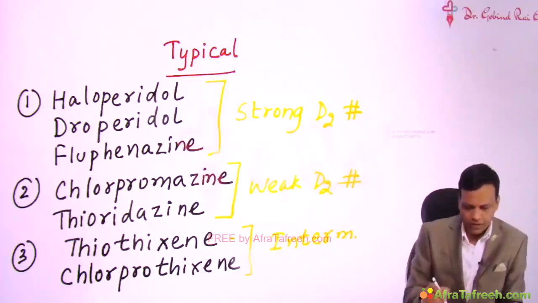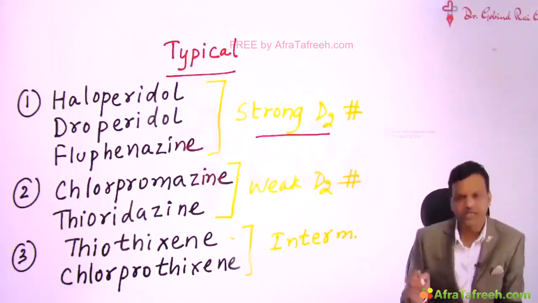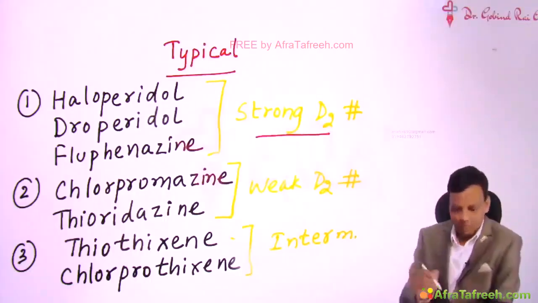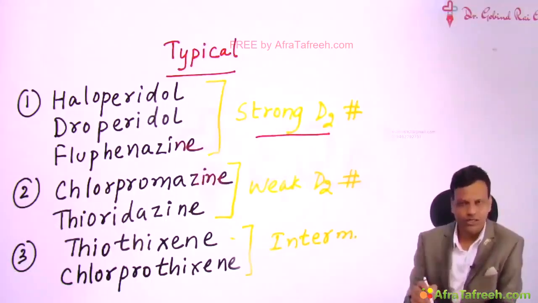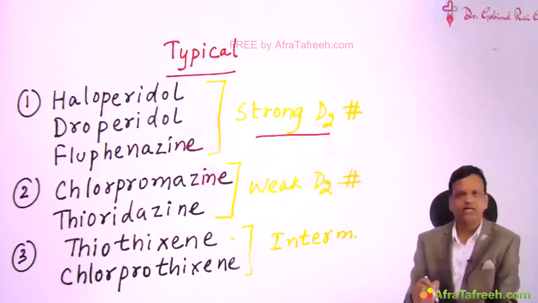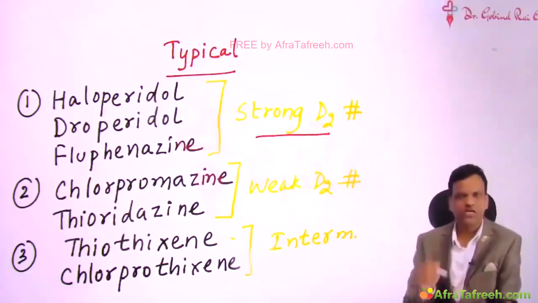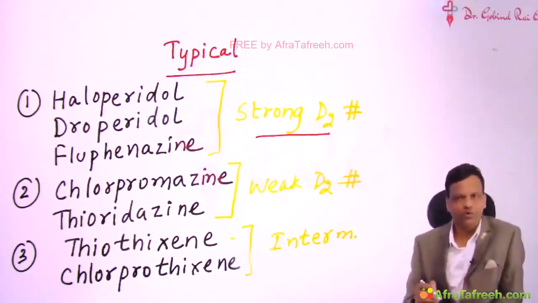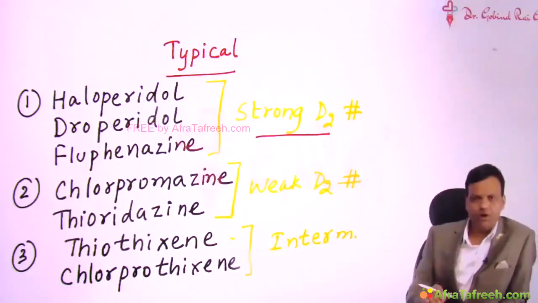If a drug is a strong D2 blocker, it is likely to be a more efficacious antipsychotic drug. But the problem is, if a drug is blocking D2 receptors strongly, chances are that it can block the receptor more than required also. So if we give haloperidol-like drugs in overdose, it can block the receptor more than required. And if a receptor is blocked more than required, what will happen?